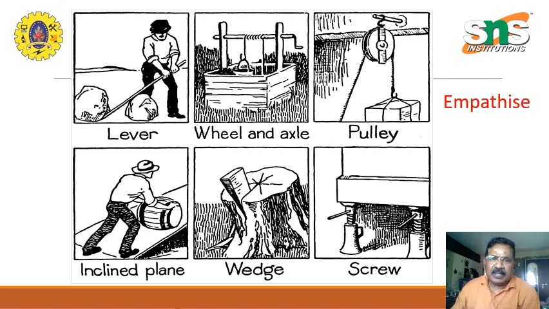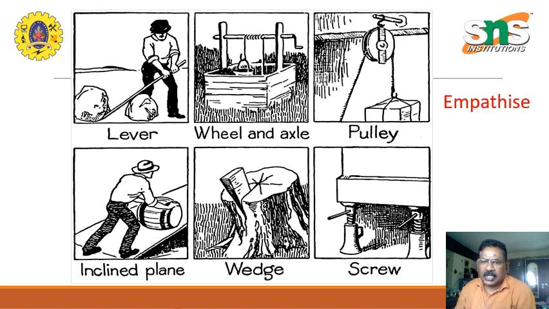Similarly, to bring water up from a well, or a pulley, for example, to lift heavy objects, or an inclined plane, where we roll the object and take it onto a higher pedestal. We also use wedges sometimes to do work for us.